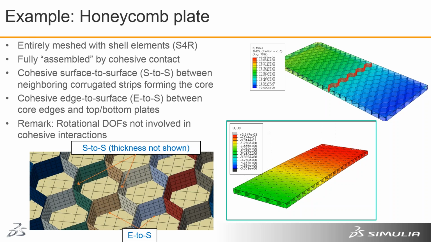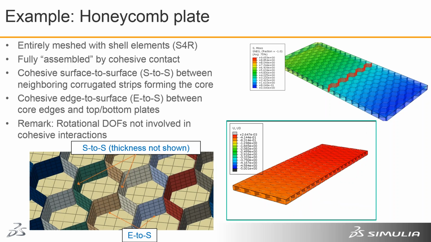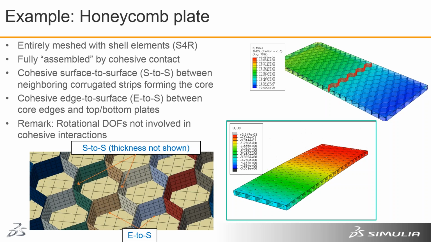All of the connections between the cells and the outer skins are created using cohesive contact, and that allows some very interesting behavior as we load the thing in extreme situations. Cohesive contact can break down, and we can look at the way in which the thing collapses progressively. So general contact with cohesive behavior frees you up to do some more creative things in extreme situations.